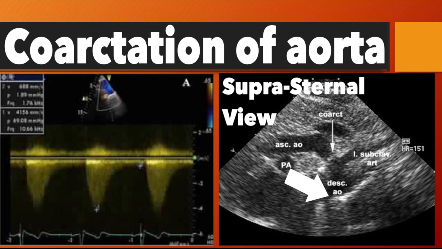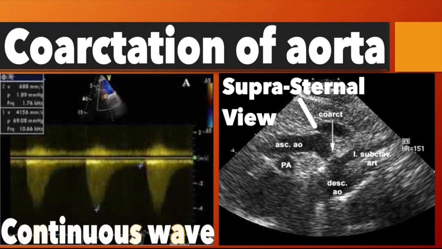Here, if you apply continuous wave Doppler, you will see the velocity of the aortic flow is more than 2, which means there is a coarctation or a narrow area, according to the Bernoulli equation.